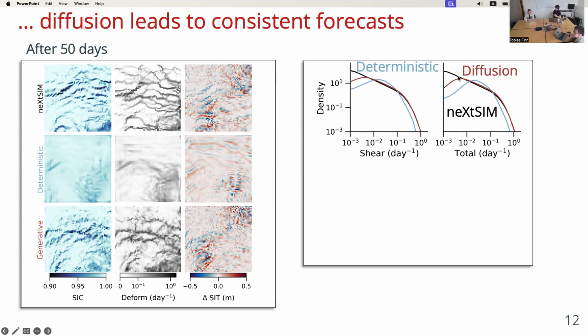And then in red we see what the generative diffusion model says, and we can see that the diffusion model more or less matches the distribution of neXtSIM in the high values, whereas in the low deformation values we have fewer pixels with low deformation than in neXtSIM. But nevertheless, what really matters here is that we more or less match the distribution of the high deformation values.